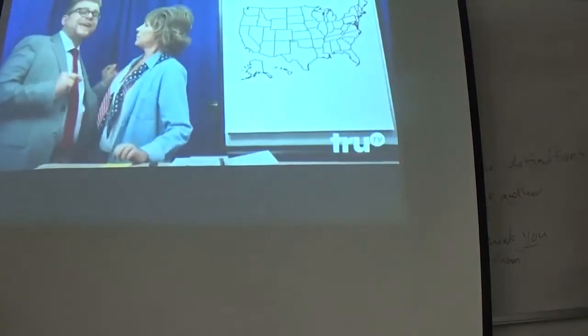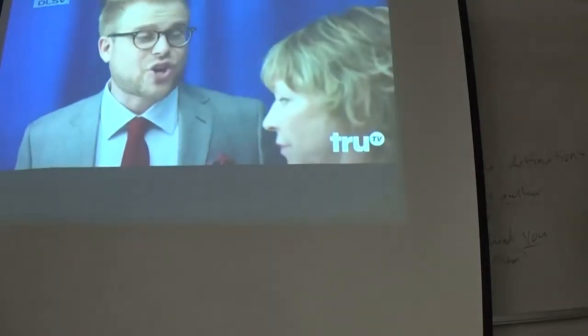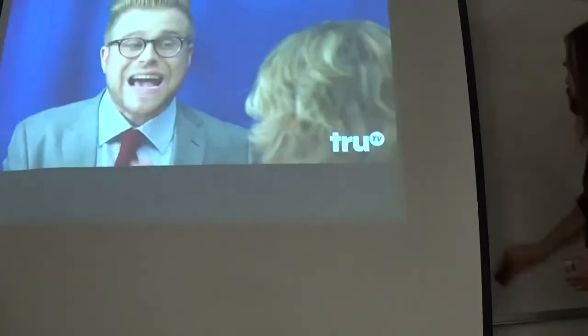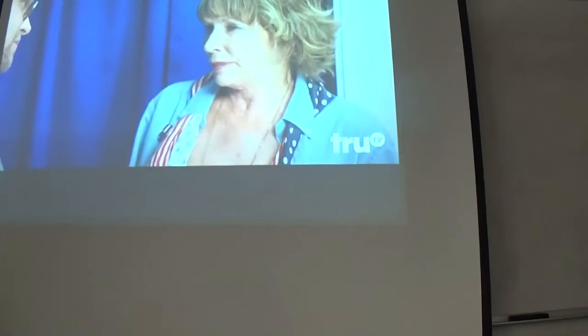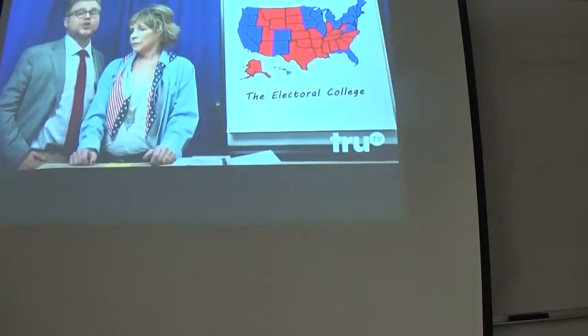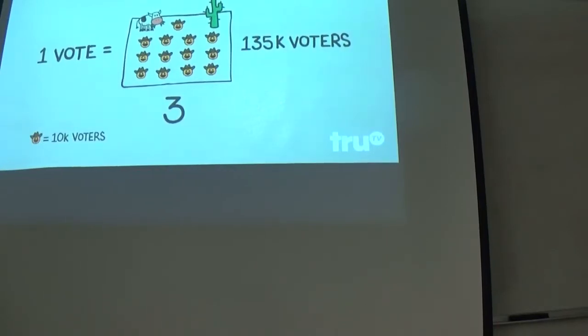Every 4 years, we hear the words Electoral College over and over again, but we never talk about what a ridiculous and, frankly, undemocratic system it really is. The Electoral College gives vastly more power to different voters depending on which state they live in. Bigger states? Nope, smaller states. If your state has less people, you have more power. Not too many people live in Wyoming, but they have 3 electoral votes, or 1 for every 135,000 voters.